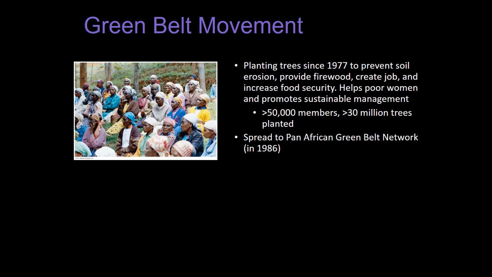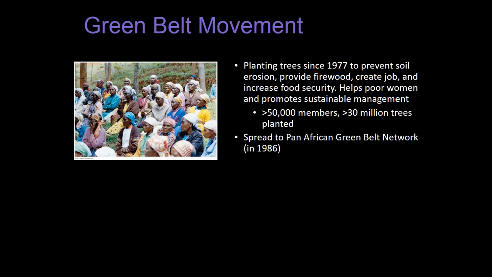They've been planting trees since about 1977. This is largely driven by women, and it's to prevent soil erosion. Once you don't have vegetation with roots in the ground, an area is more prone to soil erosion, which takes off topsoil, and any soil nutrients you have are then removed. It's also to provide firewood for people.